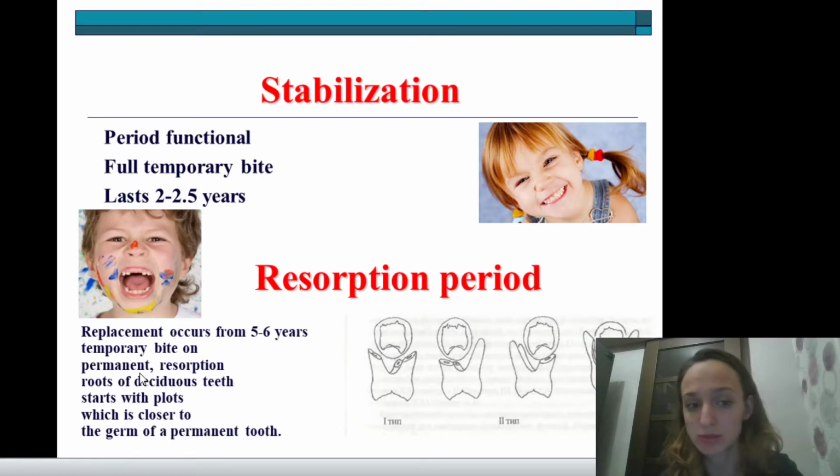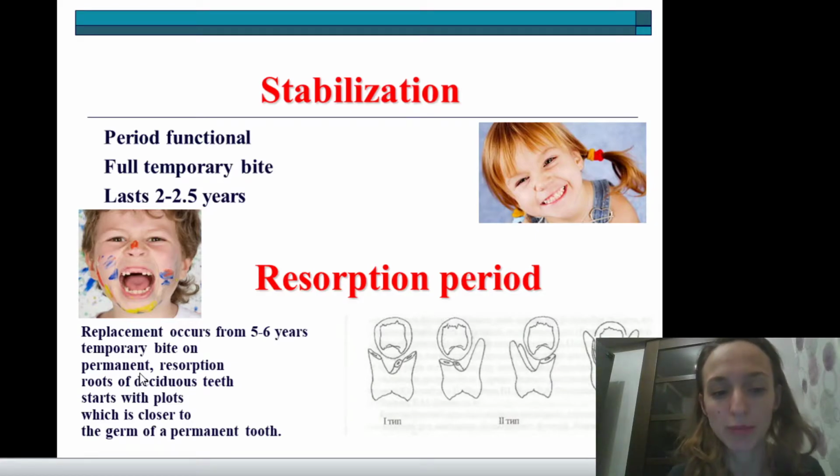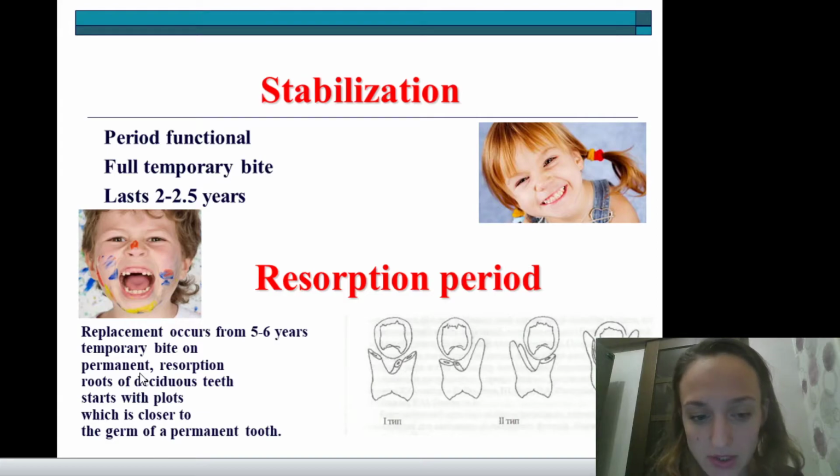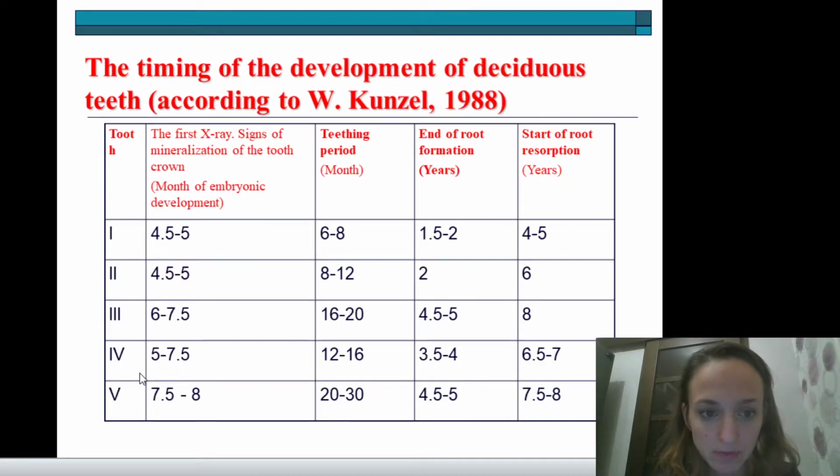So what about stabilization? This period of functional and full temporary bite lasts 2 to 2.5 years. Replacement of the temporary bite by the permanent one occurs from 5 to 6 years. Resorption of the roots of deciduous teeth starts at the spots closest to the germs of the permanent teeth.